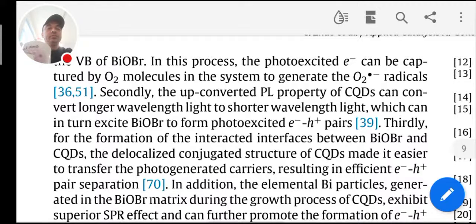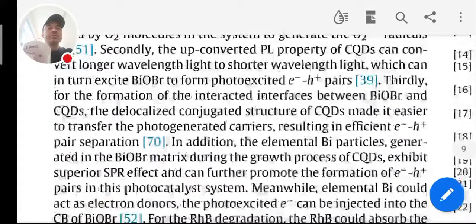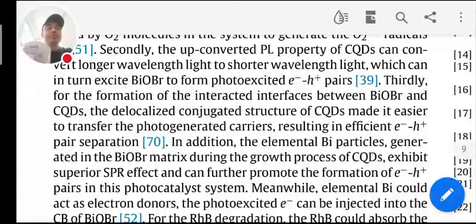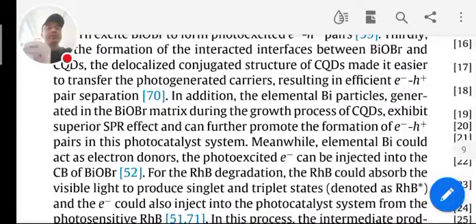Thirdly, with the formation of interfaces between BiOBr and carbon quantum dots, the delocalized conjugated structure of carbon quantum dots makes it easier to transfer the photogenerated carriers, resulting in efficient electron and hole pair separation. In addition, elemental Bi particles generated in the BiOBr matrix during the growth process exhibited superior SPR effects.